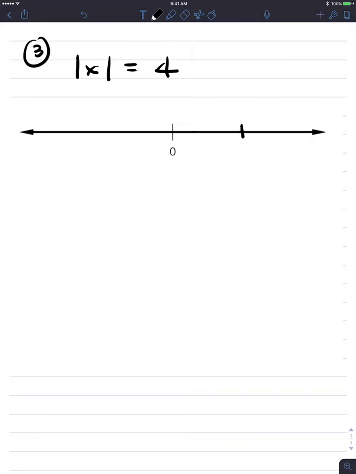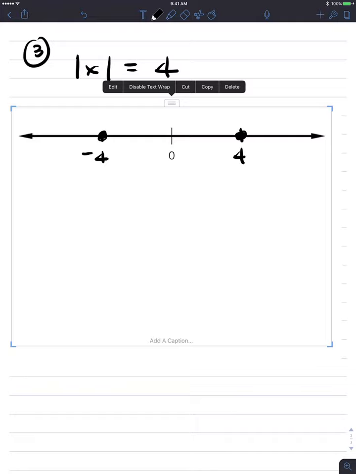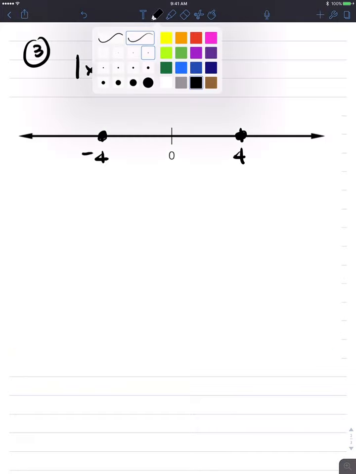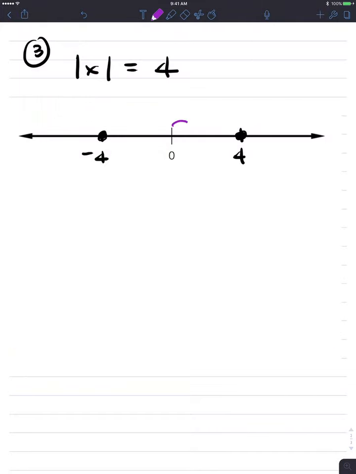The number 4 over here to the right, the number negative 4 in the opposite direction to the left of 0, where all the negative numbers live. Positive 4, negative 4. If we notice, both of these numbers are 4 units away from the origin. That is, the absolute value of 4 is positive 4.